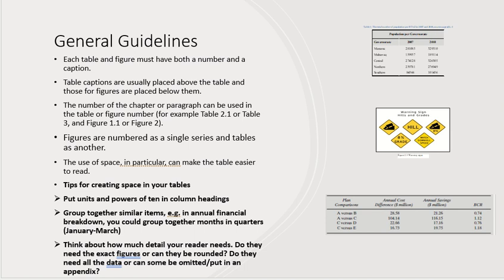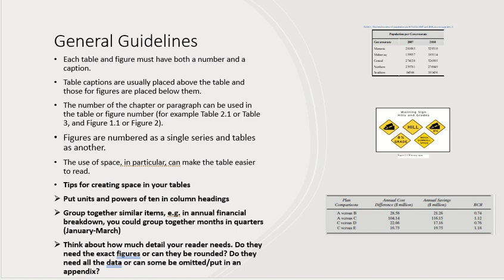You can also include the chapter number within the figure number and table number. This is what they adopt for your senior project reports. If there is a table in chapter 2, it will not be simply table 1 or table 2; it will be 2.1.